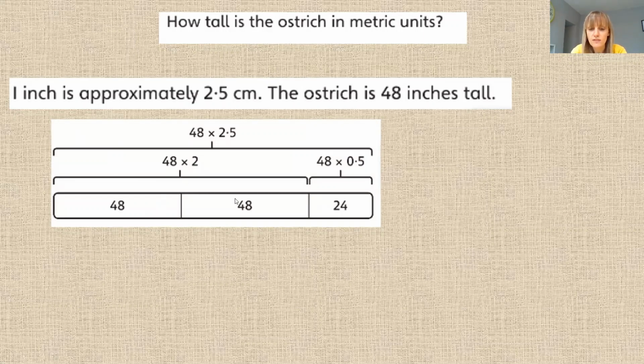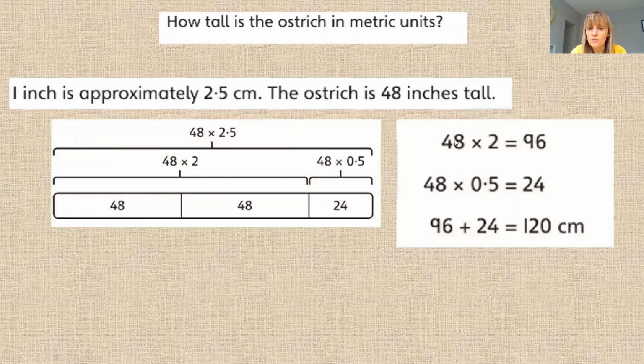So we've got 2 sets of 48, and then we've got to have half of 48 because we're timesing by 0.5, which is 24. So that means we can do 48 times 2, which is 96. We can do 48 times a half, which is 24, and then we can add those answers together. So that means that 48 inches is the same as 120 centimetres.